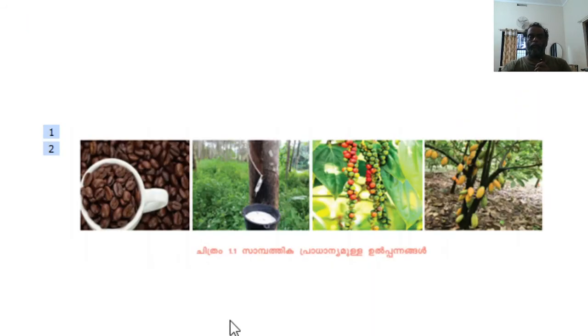So we discussed that the main contribution of plants is producing food and oxygen. Plants are not only producing these two things, moreover, they make our life more comfortable with many things. One such example is coffee. Coffee, rubber, cardamom, cocoa, and pepper.